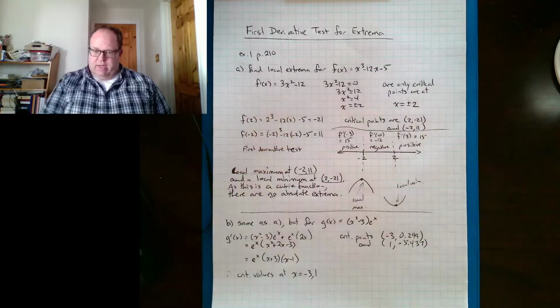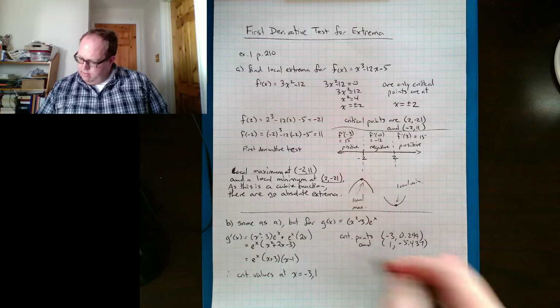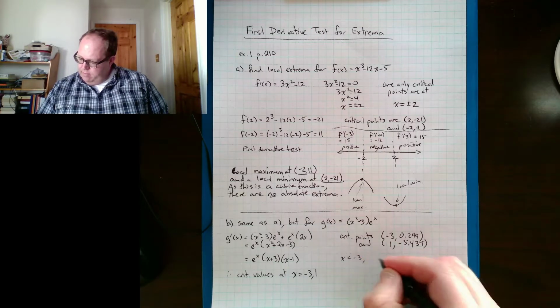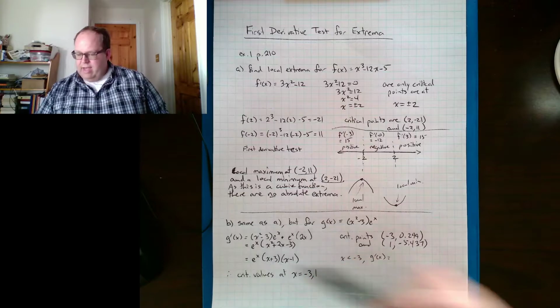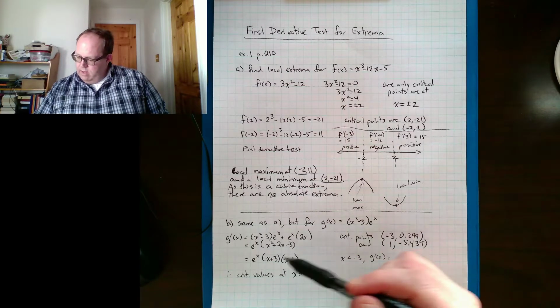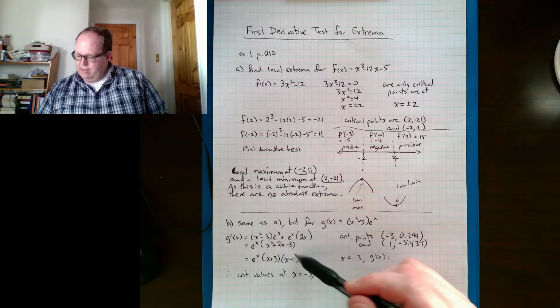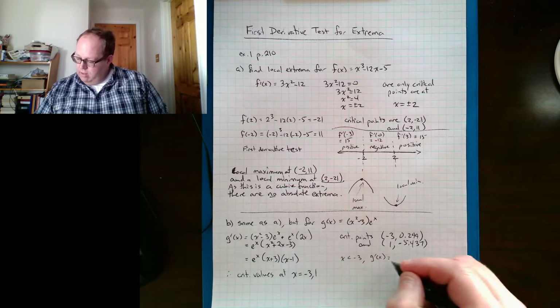And I can also look at how the derivative acts here. For x less than -3, g prime of x is going to be, well, let's think our way through this. e to the x is always positive. If my x value is less than negative 3, then this term will be negative, and this term will be negative, so I'd have a negative times a negative times a positive, or overall positive.